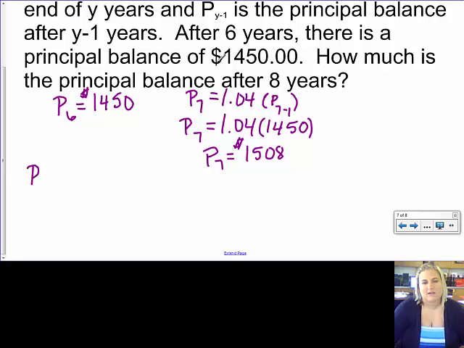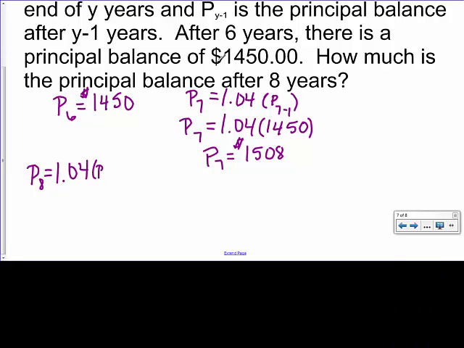So I know that the formula for p sub 8 would be equal to 1.04 times the quantity of p sub 8 minus 1. Well, p sub 8 minus 1 is the same as saying p sub 7, which I now know. So I'm going to take this value and I'm going to plug it in here. So I have p sub 8 equals 1.04, and instead of p sub 7, I'm using this value, which is 1508.